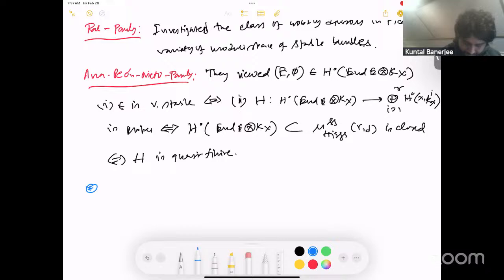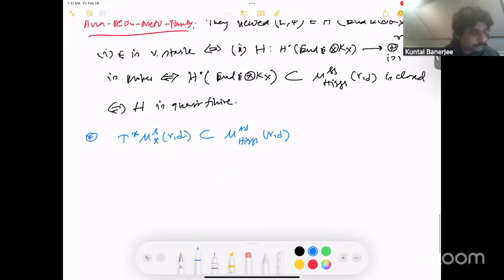See that this tangent bundle of the moduli space of stable bundles lives actually inside the moduli space of Higgs bundles, and this is actually the fiber of the tangent bundle, right?